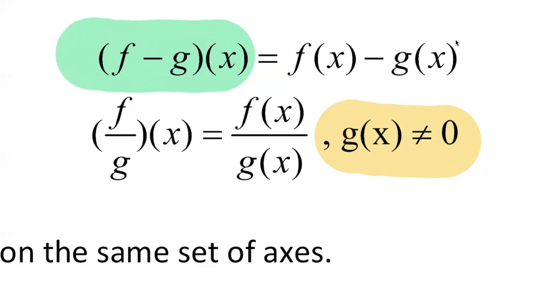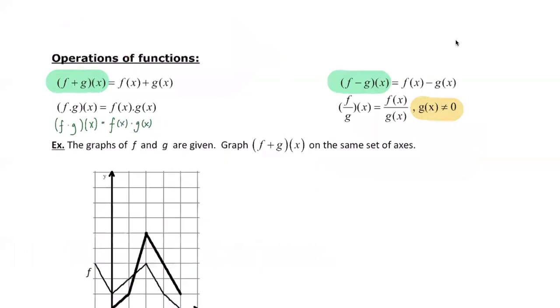Because if the denominator is equal to 0, then the whole fraction becomes undefined, and we do not want our fractions to be undefined. So that's why we put a little statement at the end and say, please make sure that when we put in g of x, it does not equal 0. Okay, the whole g of x will not equal 0 in this case. We do not want the fraction to become undefined. So all right, pretty straightforward.